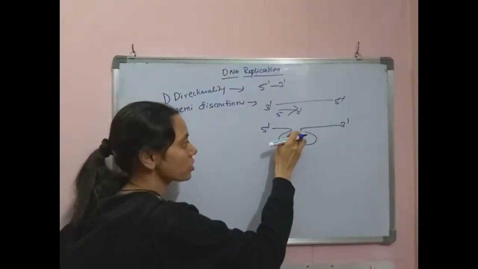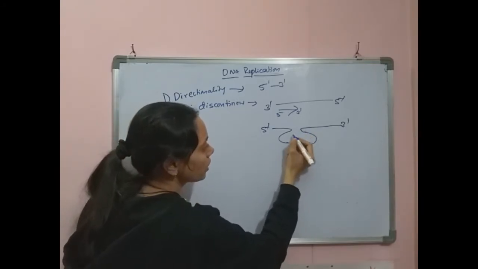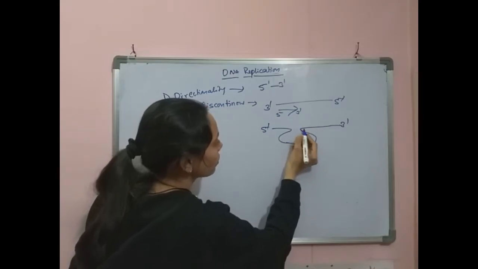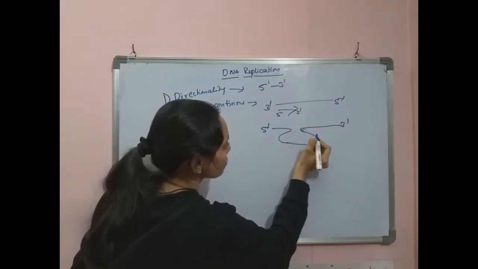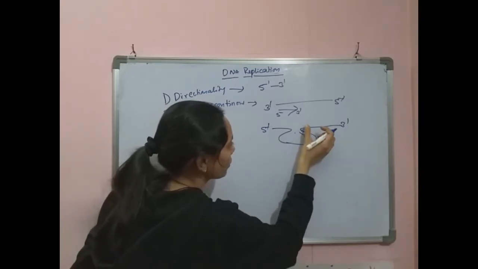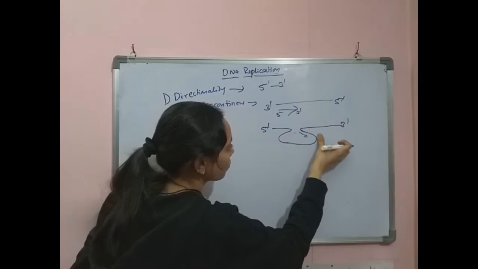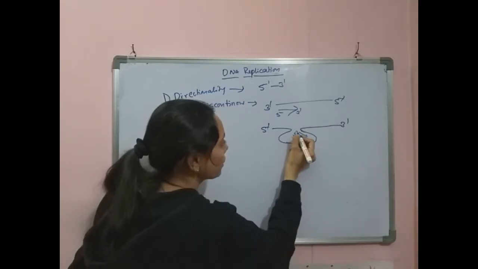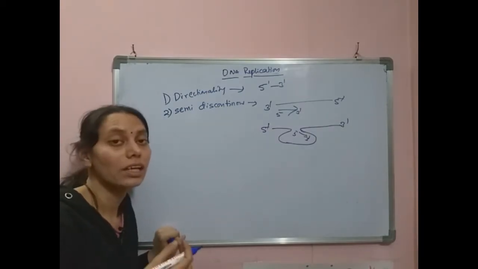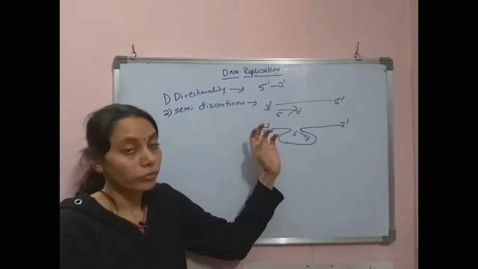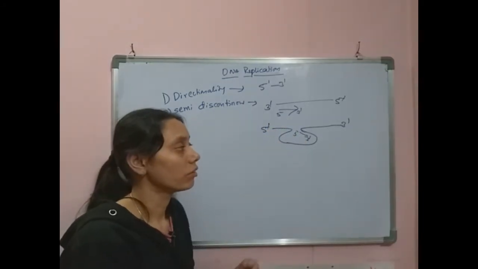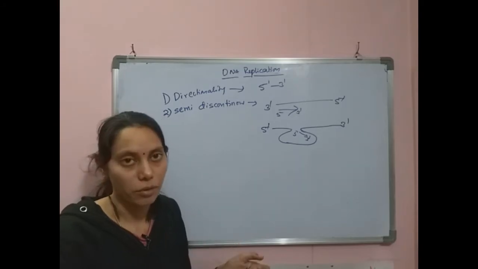Because of the loop formation, the DNA template will also be oriented. So here this is 5 prime, 3 prime, so that the addition of nucleotides will be carried out in the 5 prime to 3 prime direction, which matches exactly with the directionality of the replication of the DNA of the other strand as well as the DNA replicative enzyme.